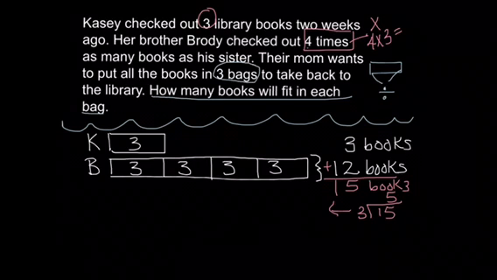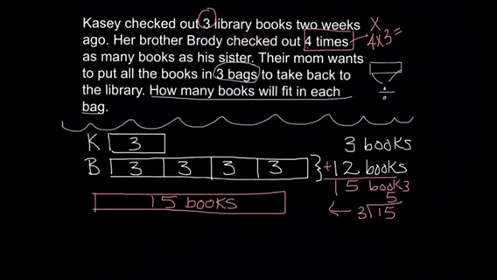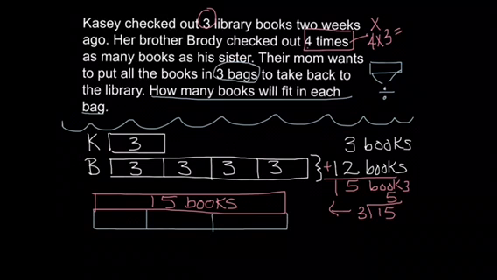And it's really simple. So here's your big strip, which represents the 15 books. And all I'm doing there is dividing it into strips. If you think back to our fraction strip diagrams, it's the same thing in essence. So now I'm going to take these 15 books and divide them equally by 3.